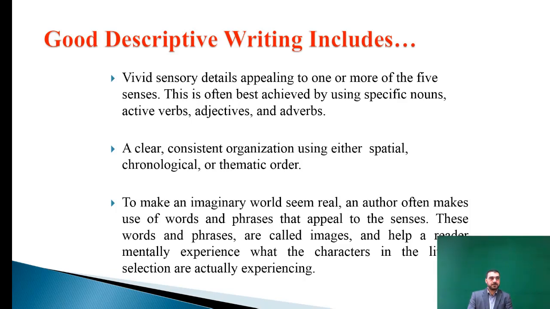Good description writing includes, these are the features of a descriptive essay. It should include vivid sensory details appealing to one or more of the five senses. This is often best achieved by using specific nouns, active verbs, adjectives, and adverbs. A clear, consistent organization using either spatial, chronological, or thematic order. To make an imaginary world seem real, an author often makes use of words and phrases that appeal to the senses.